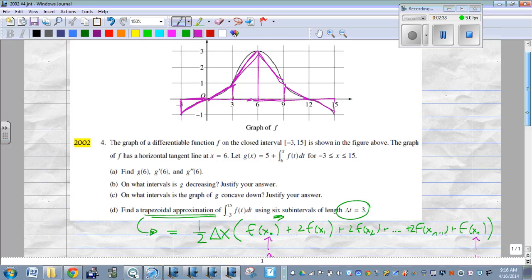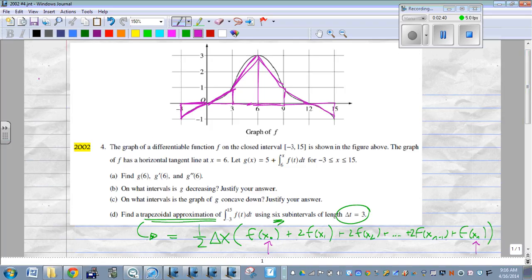So for this problem, we're going to end up with 1/2 times 3 times this height right here, the y value at x equals -3 is -1, plus 2 times our next y value, which is at 0, so 2 times 0, plus 2 times our next y value is 1, plus 2 times our next y value is 3, plus 2 times the next y value is 1, 2 times the next y value is 0, and then our last y value, there's only 1 of those, so plus -1.